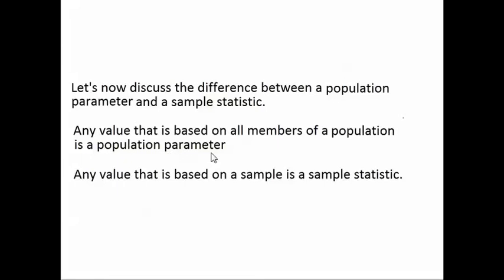In statistics, they decided that they wanted to have one word for a value calculated from a sample and another word for a value calculated with data from an entire population. So don't worry about why this one is called a statistic and why this one is called a parameter, because they are pretty much just sample statistics and population statistics.